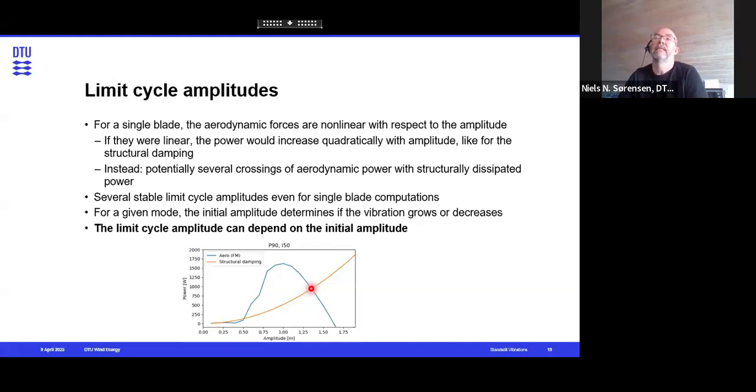We can actually see that we can have multiple stable limit cycles. So we could have a stable limit cycle here around 25 centimeters, but if we push it above 0.5 meter, the next stable situation would actually be around 1.3 meter amplitude of the vibration. So that's an interesting feature of these vibrations.